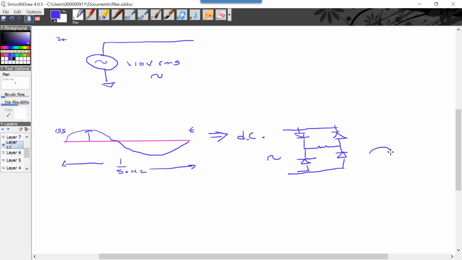And so you get this. Now, mathematically, a really good approximation for that is just the absolute value.